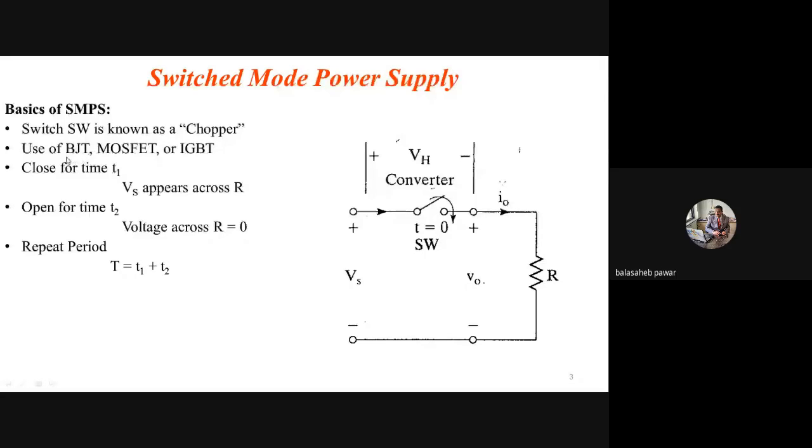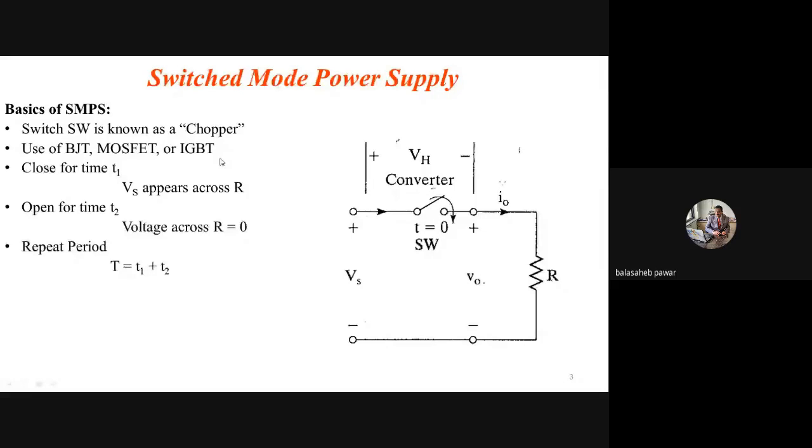If you are not familiar with IGBT, then during the next semester, in power electronics, I will again cover it. What is an IGBT? It is a combination of MOSFET and BJT. That's why it is known as the insulated gate bipolar transistor.